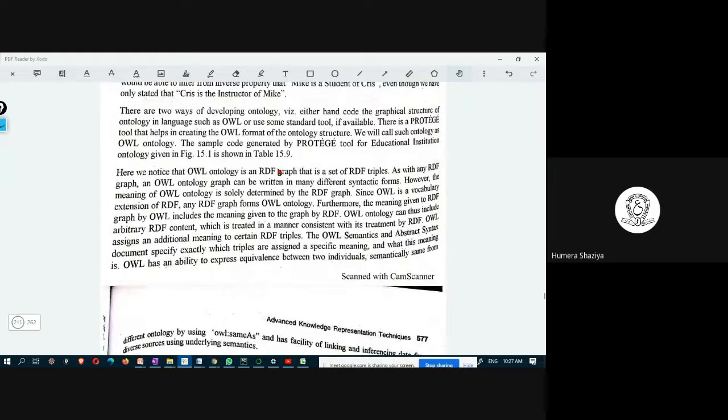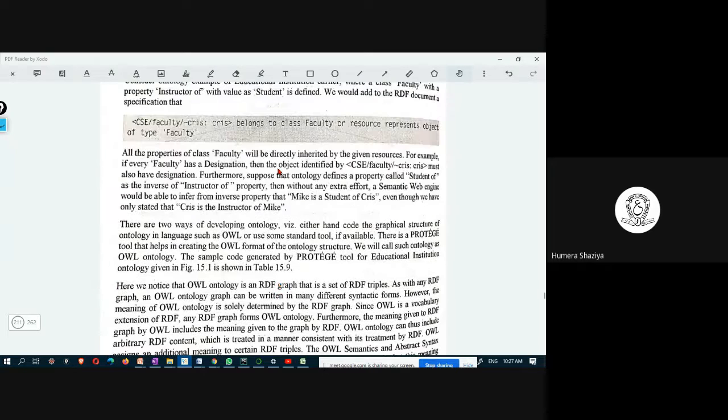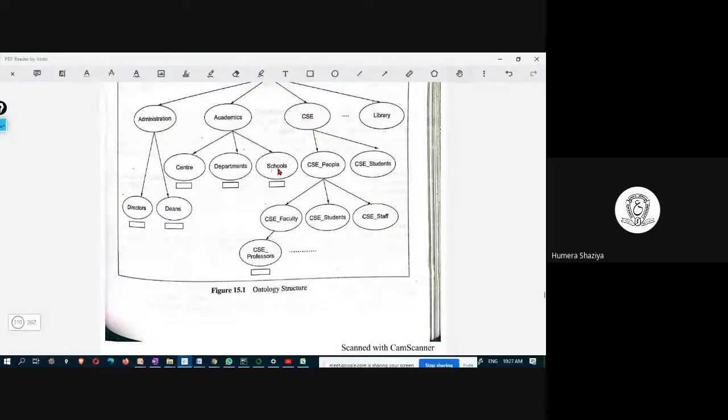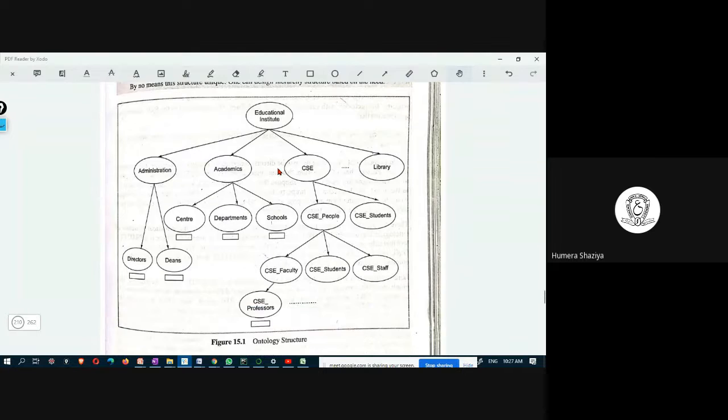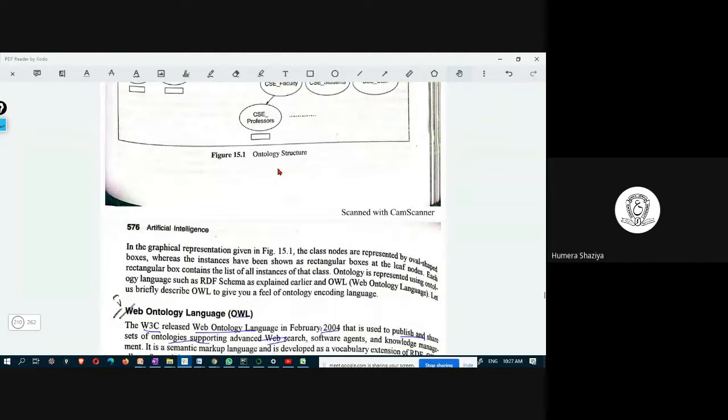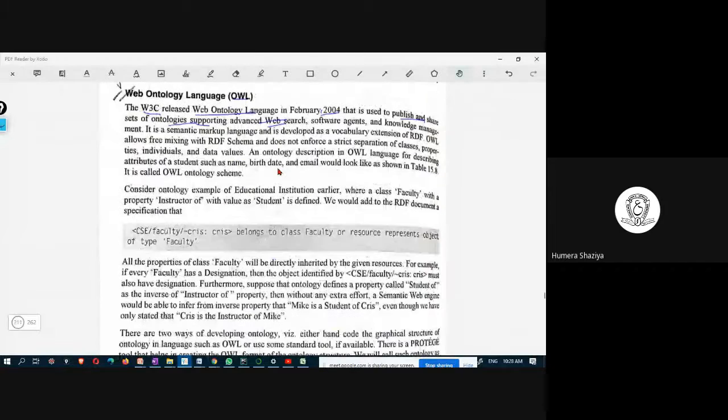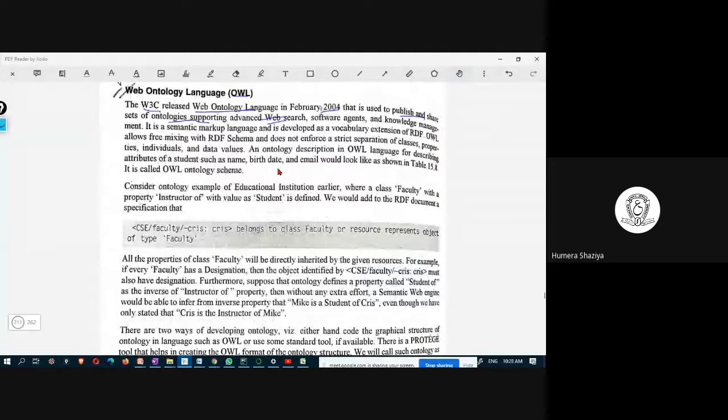If such a hierarchy does not exist, CSE students might be scattered, they might be distributed, but you are grouping them together under CSE people, which is under the main CSE department, which is within an educational institute, for instance, IIT Delhi.